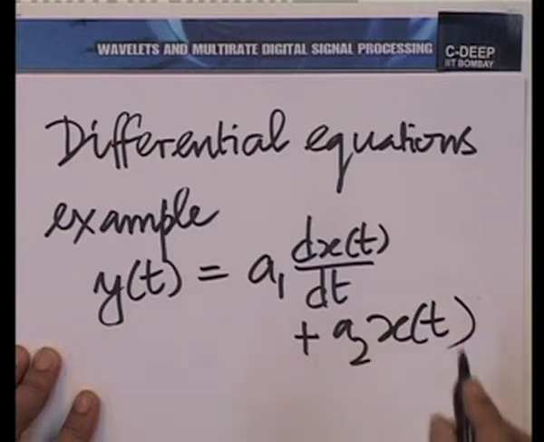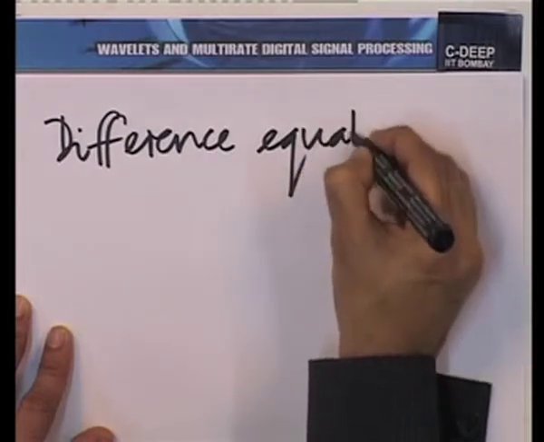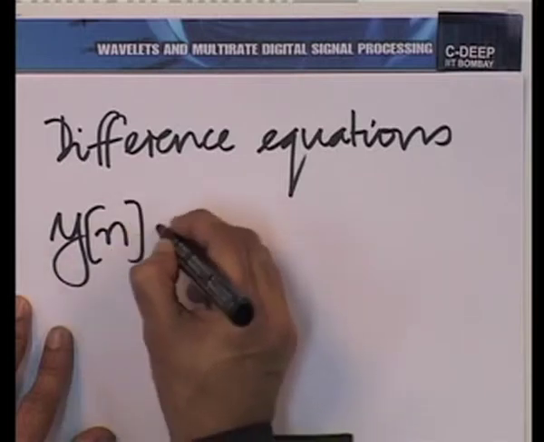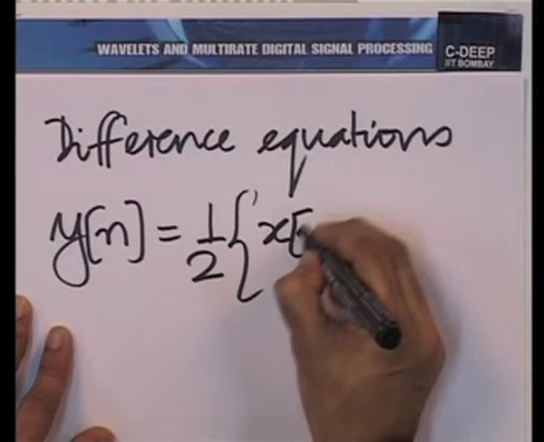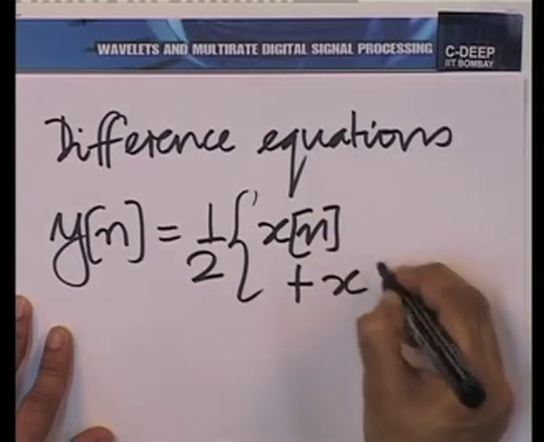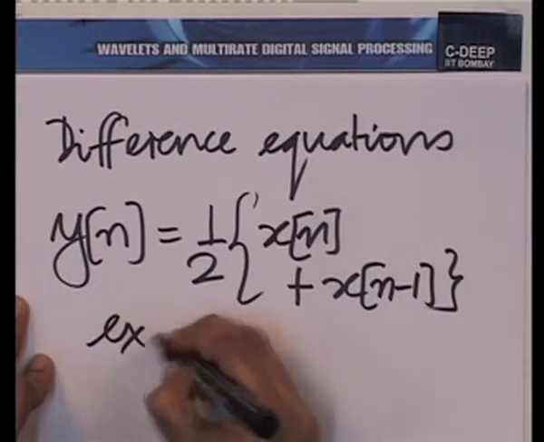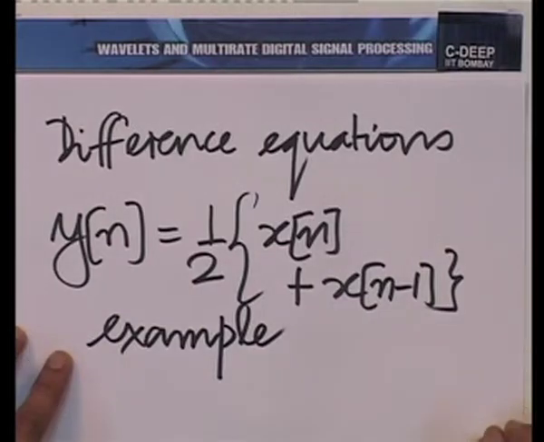It is a differential equation. We have difference equations. For example, y[n] is half x[n] plus x[n minus 1] is an example of a difference equation which describes a discrete system.